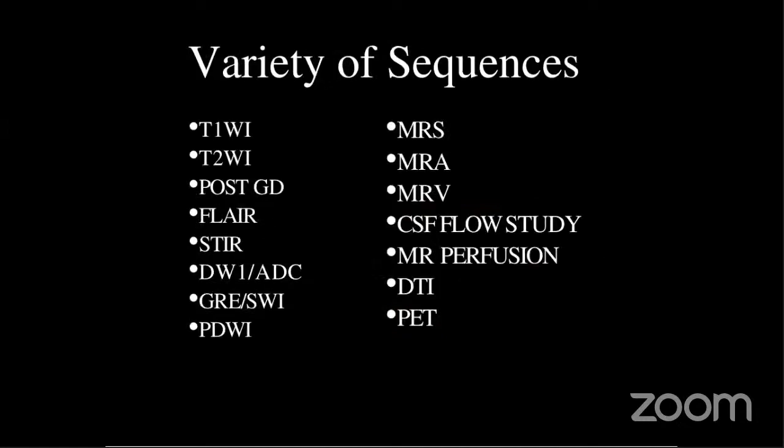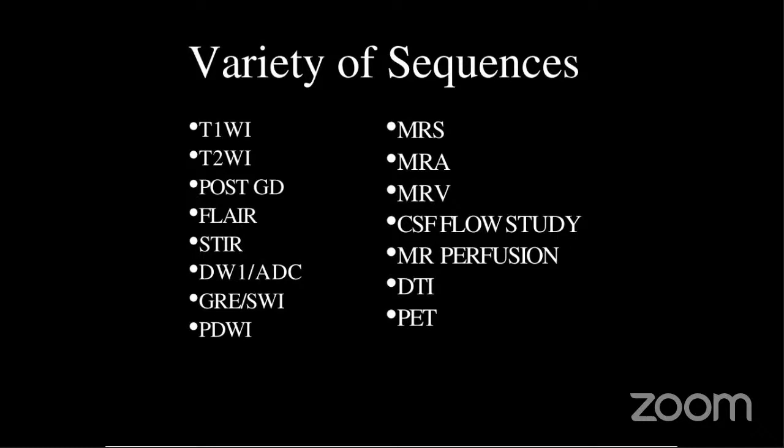Okay. There is a variety of sequences, so let's just put down the names of the sequences that we have. You have T1, T2, post-gadolinium T1 weighted images, FLAIR, diffusion weighted sequences, ADC imaging, gradient echo sequences, susceptibility weighted images, and proton density images. Then you have the specialized sequences like MRS, MR angio, MR venography, MR perfusion, diffusion tensor imaging, and PET scanning.